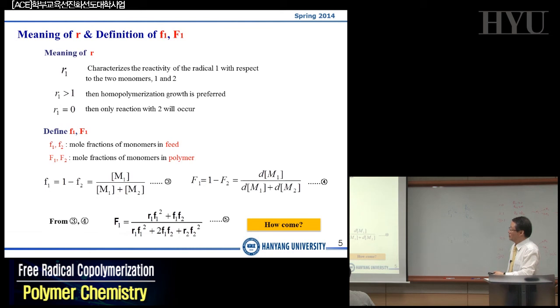From equations 3 and 4 and 2, the copolymer equation, we can derive the copolymer equation in a different form.